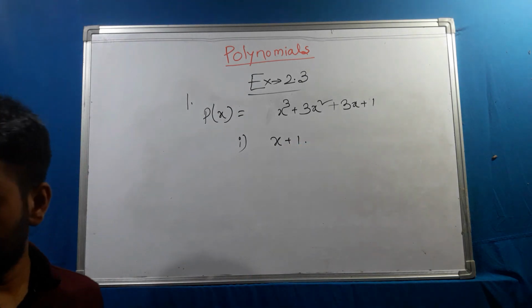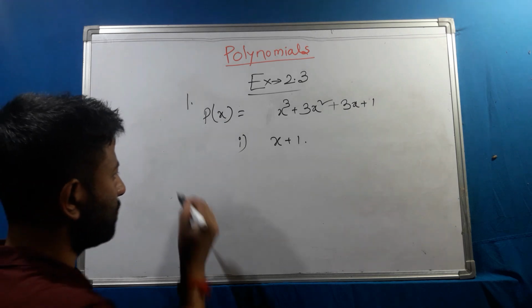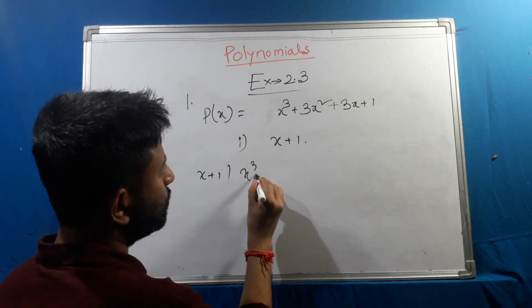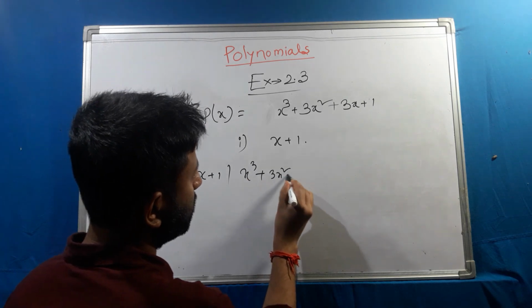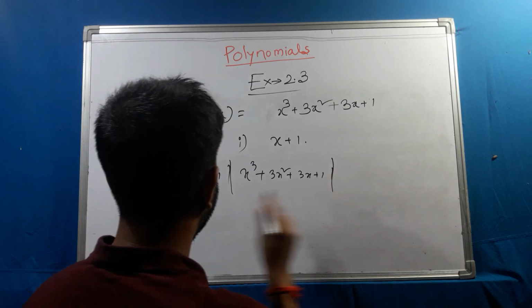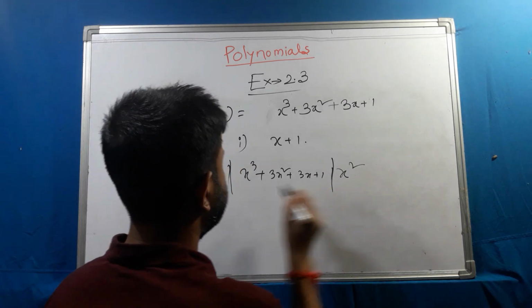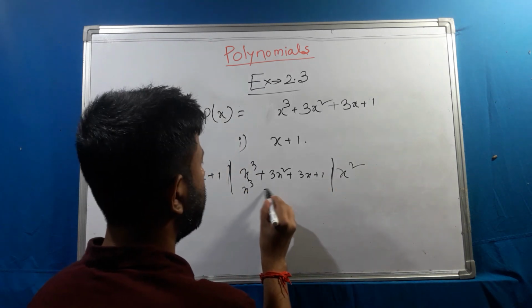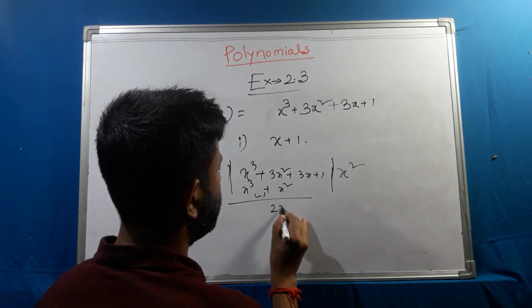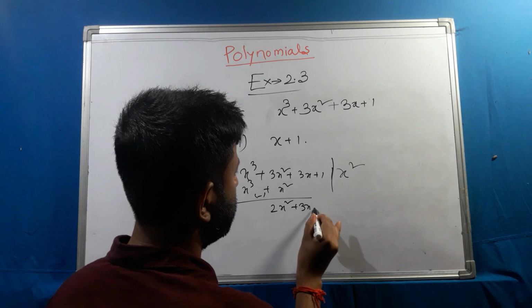So what is the procedure for this? For the conventional division method, we divide x cube plus 3x square plus 3x plus 1 by x plus 1. So what will be the result? x square, then x cube plus x square comes. Subtract this and it will be 2x square plus 3x plus 1.